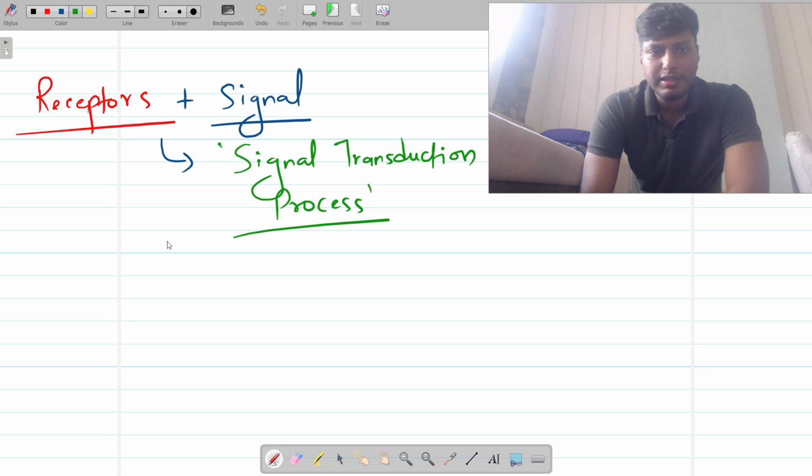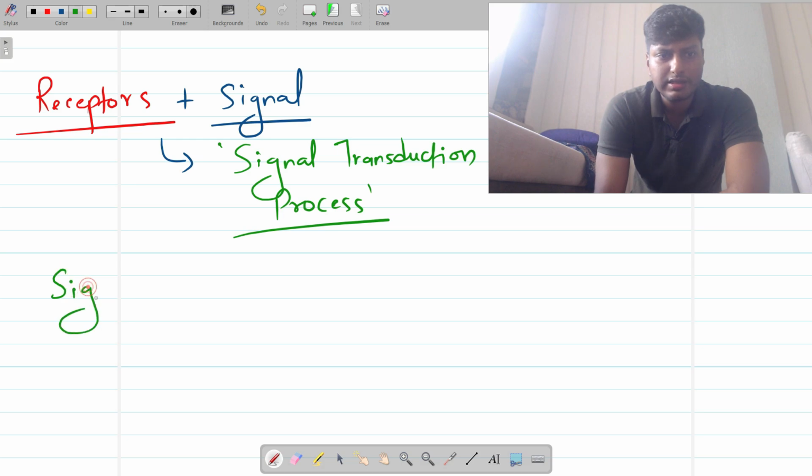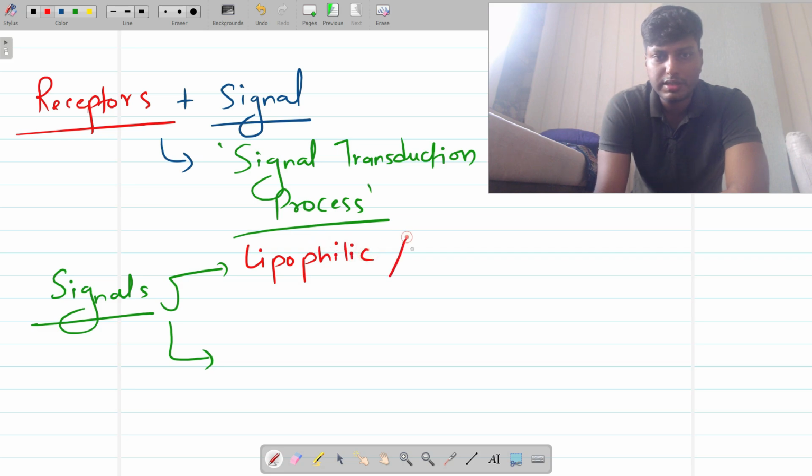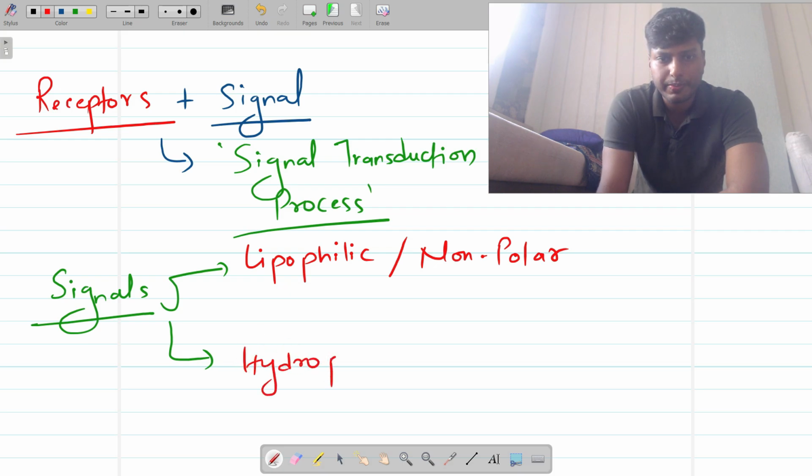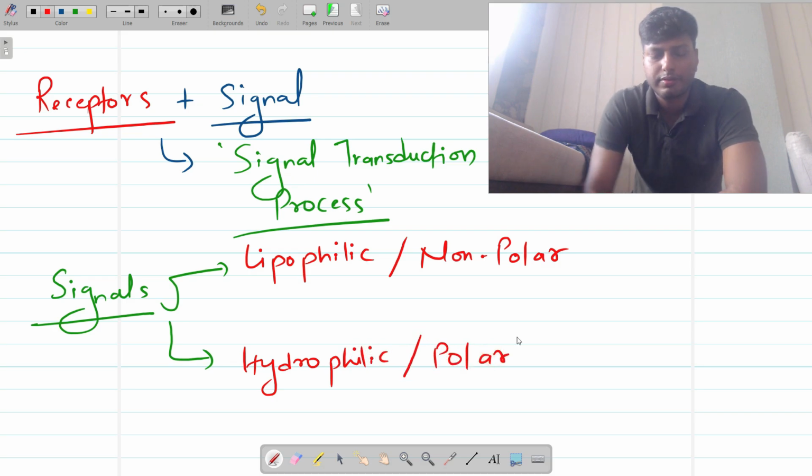What do we understand by this? First of all, the signals can be of two types. Either the signals are of lipophilic nature, lipophilic meaning non-polar, or the signals are hydrophilic in nature, which means they are polar.